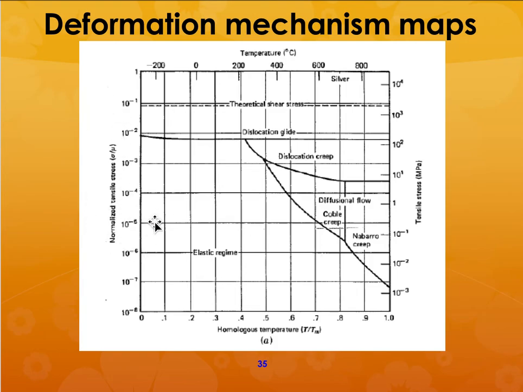It is the stress that you are applying divided by the tensile strength. Depending upon how much stress you are going to apply, these creep mechanisms will become active. You can also figure out what is the safe temperature and what is the stress level that you can apply for your component from this mechanism map.